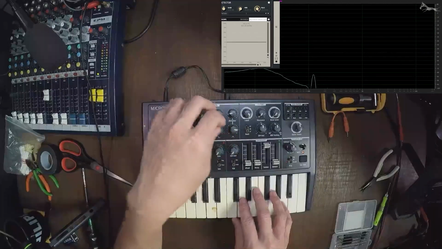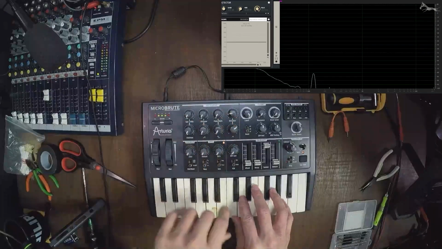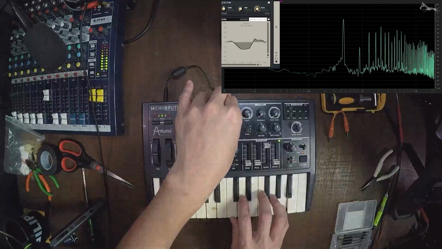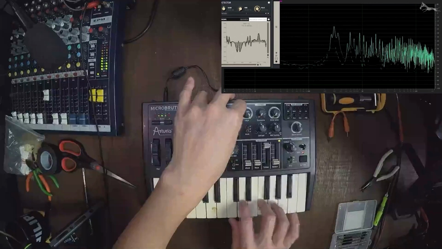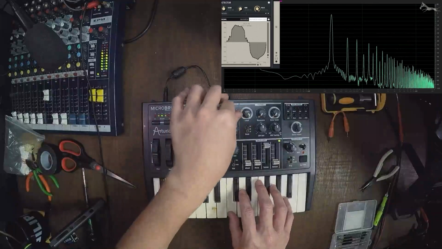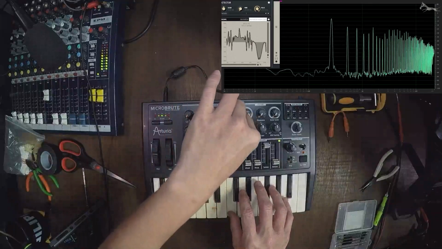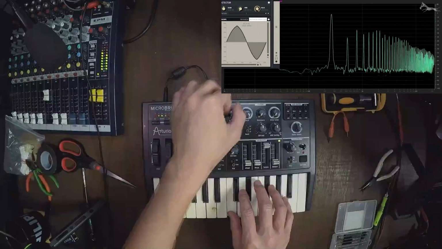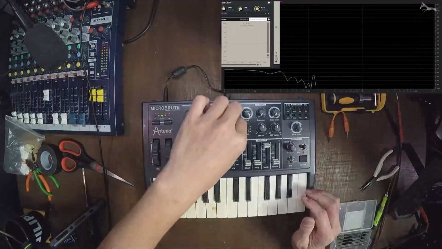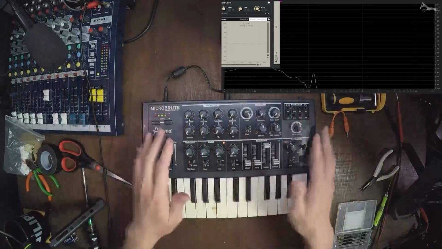Oh, that metalizer is really adding a lot of upper harmonics. Ah, it's smooth. Yeah, metalizer smooth now. Okay, that's a good thing with the oscillator section.